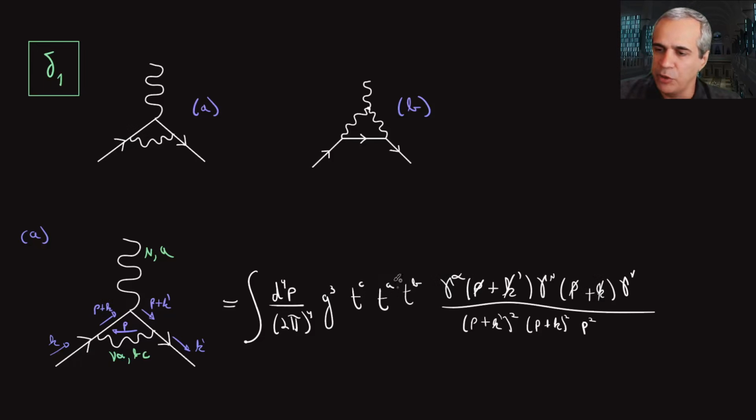I can commute these matrices with the fermion propagators because the fermion propagators are diagonal in this space, right? These guys are contracted like that, A, B, B, C, C, D, right? Because the fermion that was in the middle here was a delta in that space, right? So I can actually factor those guys out.